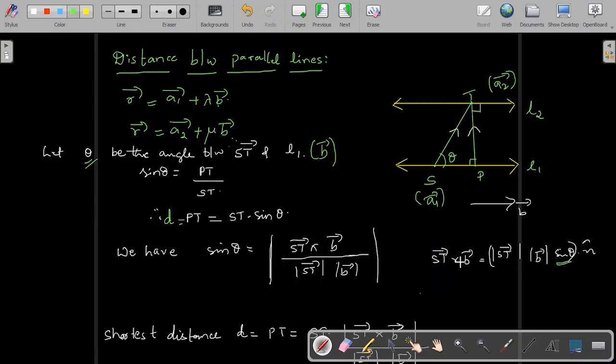ST vector cross B vector equals modulus of ST vector, modulus of B vector, into sine theta into n cap. But when you take modulus on both sides, the magnitude of n cap becomes 1 as it is a unit vector. Then you can evaluate sine theta, which is given by this formula.